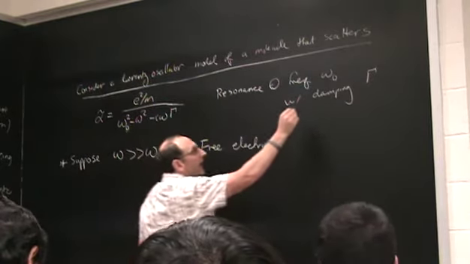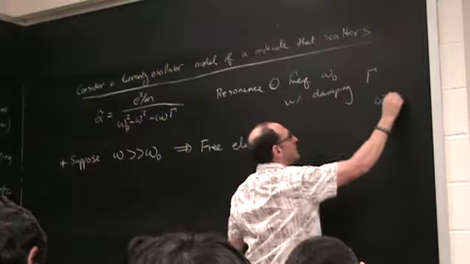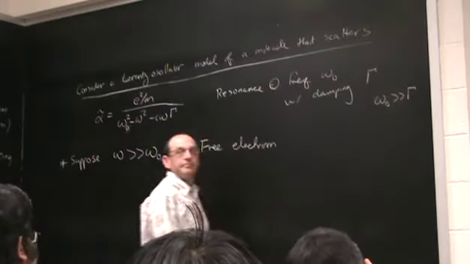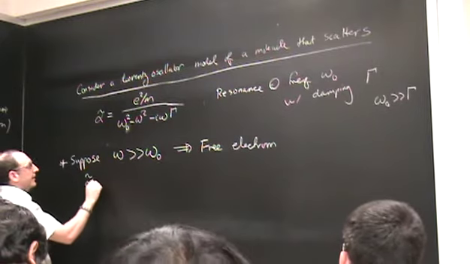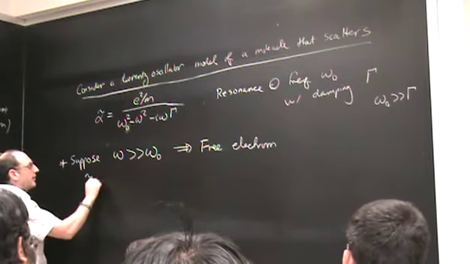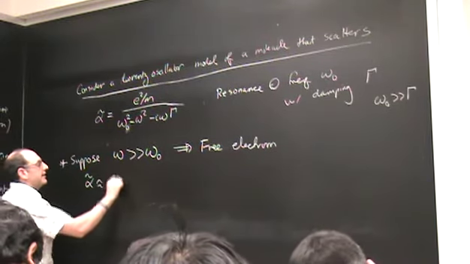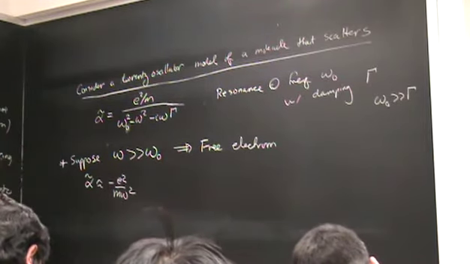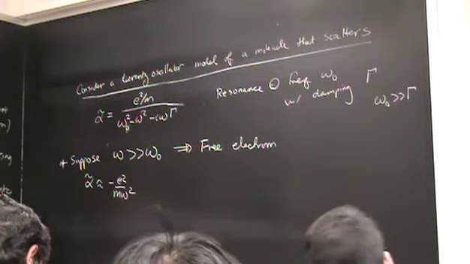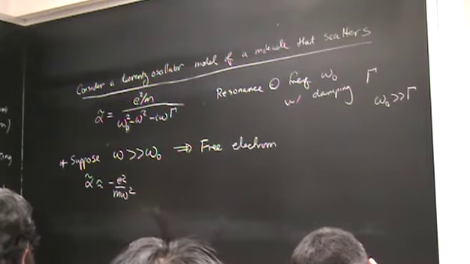Of course, omega naught we assume to be huge compared to gamma. So under that circumstance, this thing is approximately minus e squared over m omega squared.